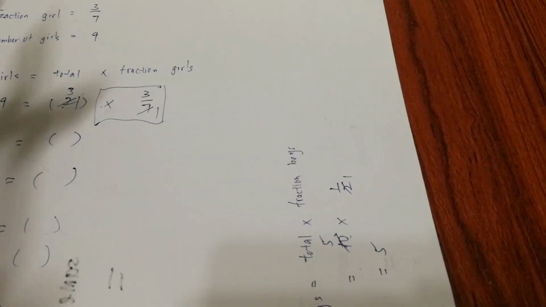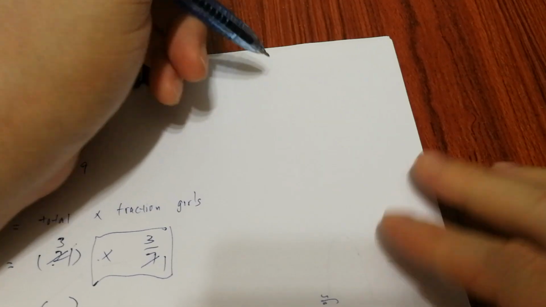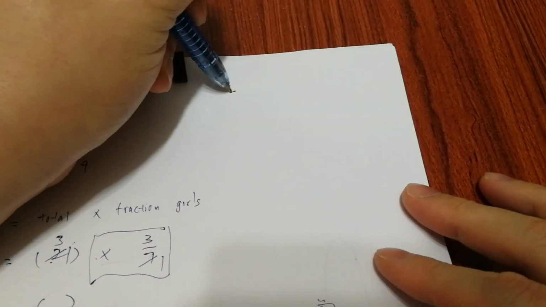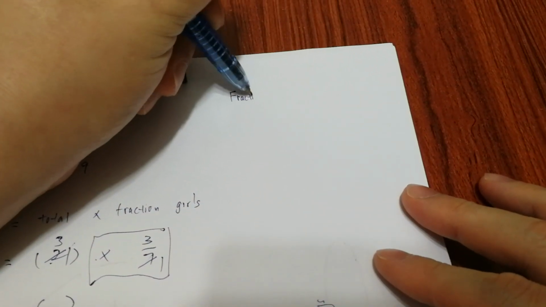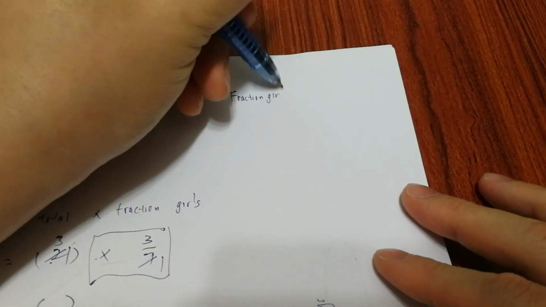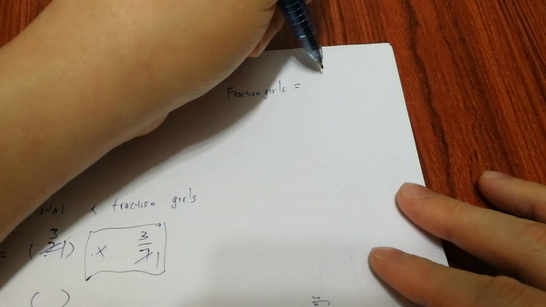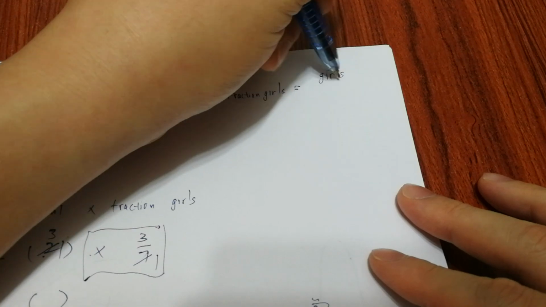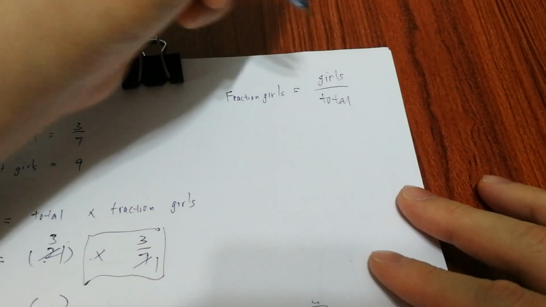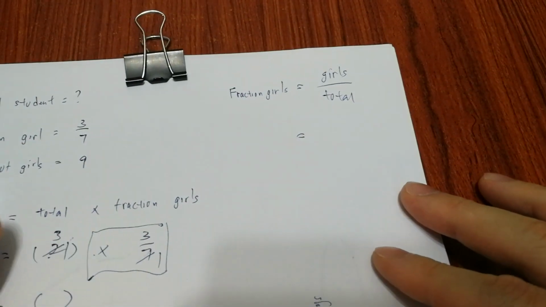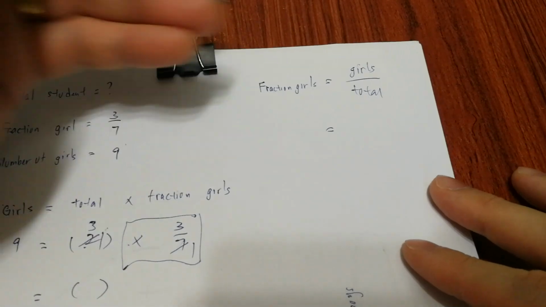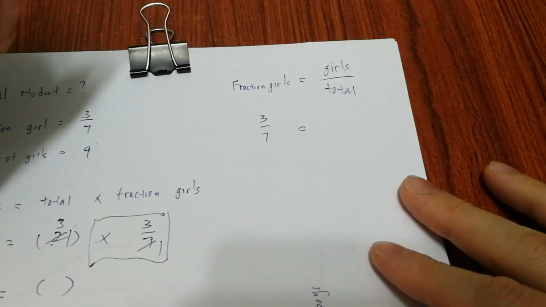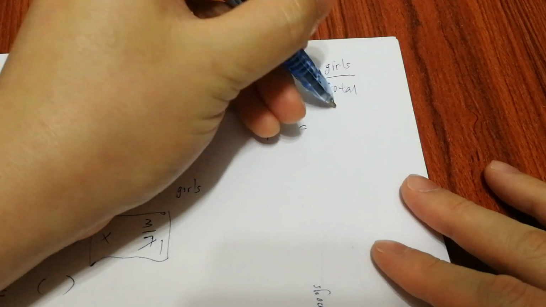But if you were to use the first method, fraction girls, you know the basic idea, right? It is girls over total. Do I have the fraction girls? Fraction girls is 3 over 7. Then the number of girls, 9.